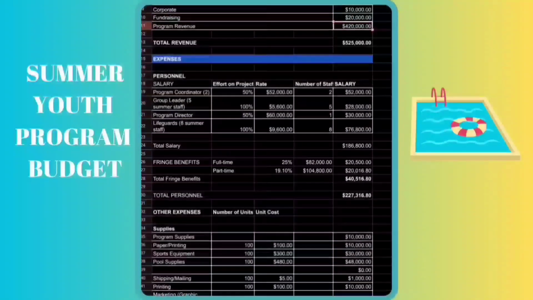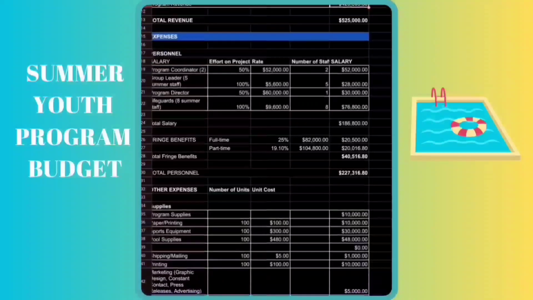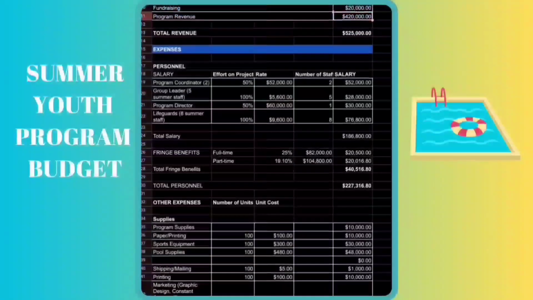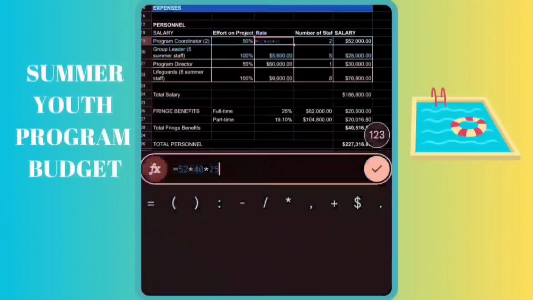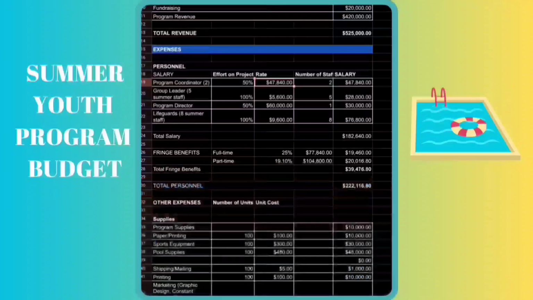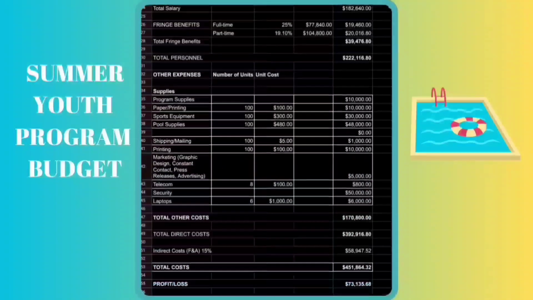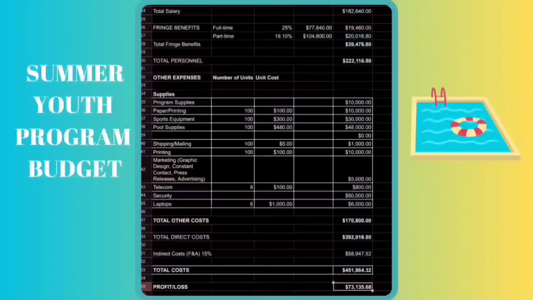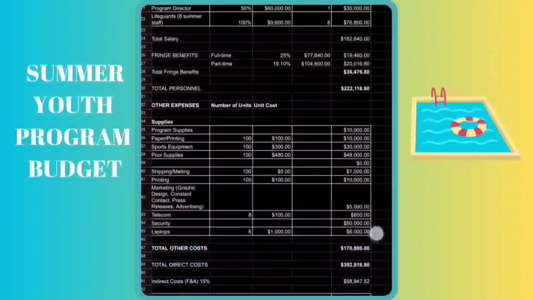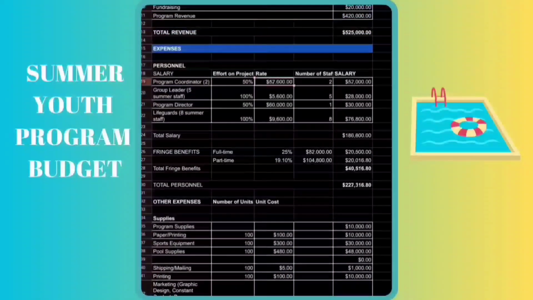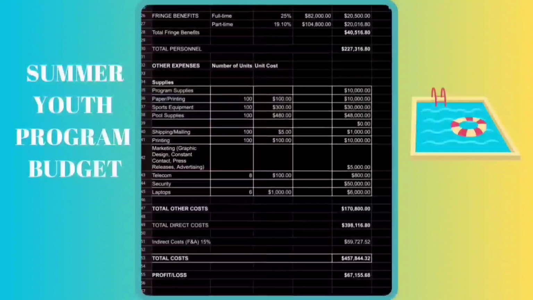So now that we've increased our revenue and expenses, we'll have to look at the total budget again. We've had to reduce to $23 an hour for program coordinators.